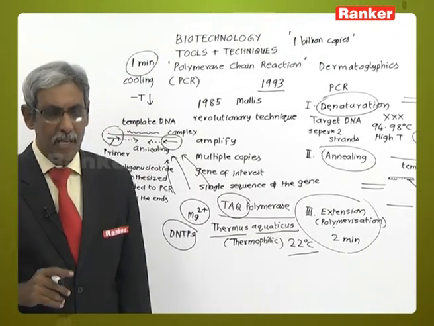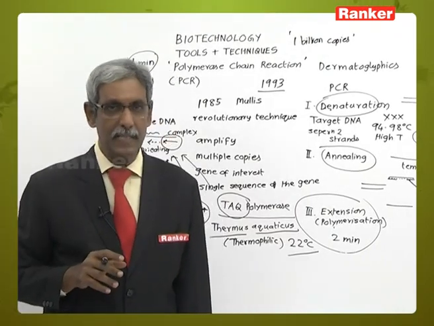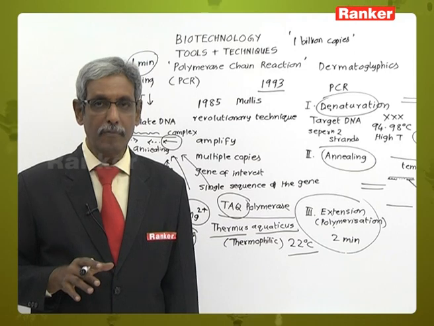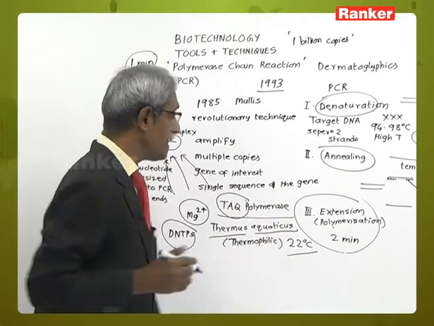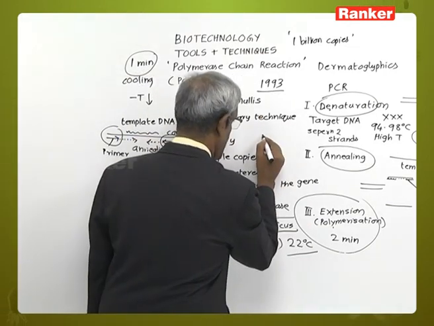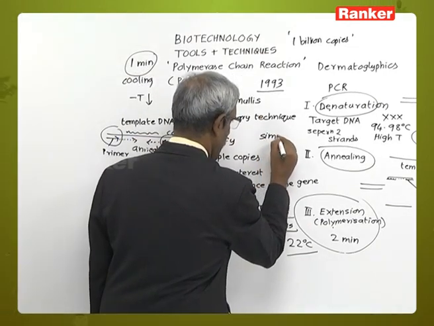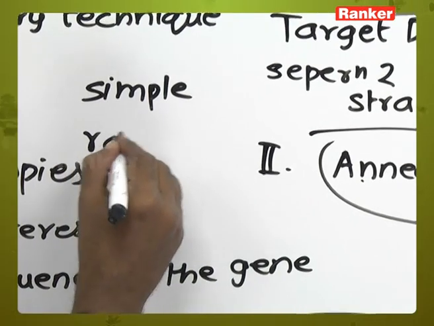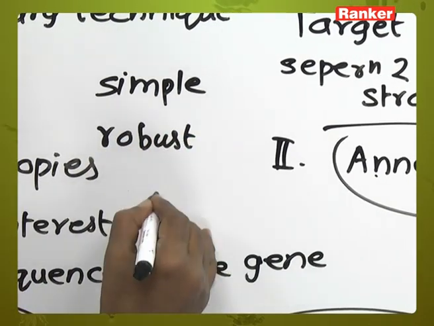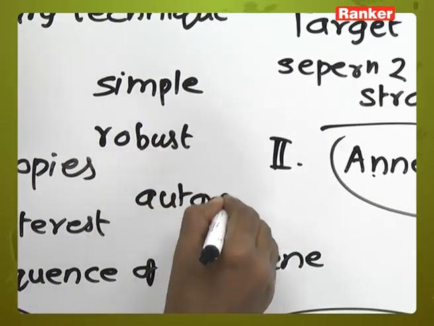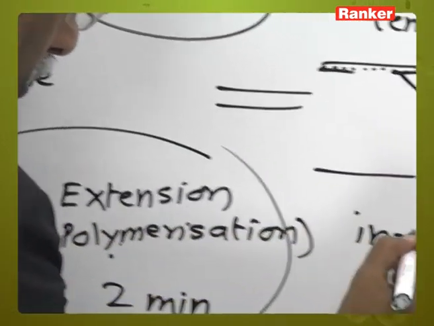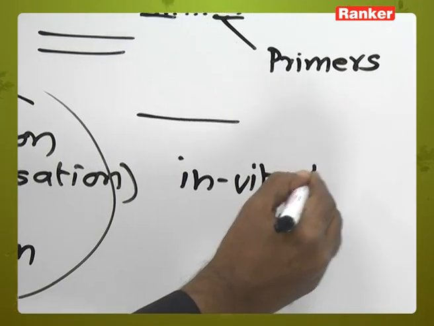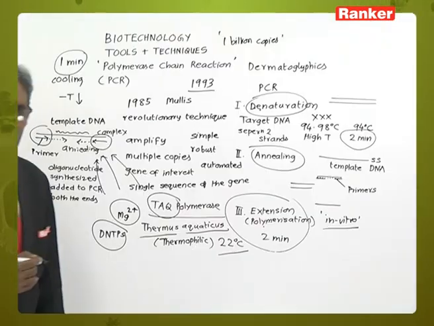And we are using only specific DNA sequences, and the entire operation of PCR is completely automated. It is simple, it is robust, it is automated, and the process is in vitro. It always occurs in vitro, that is, in lab conditions.